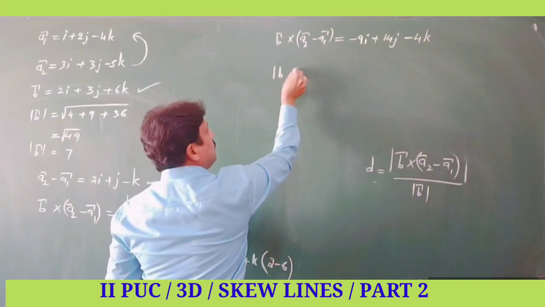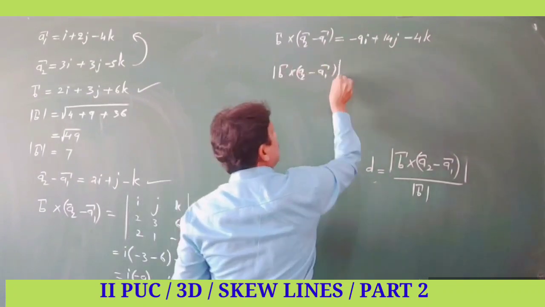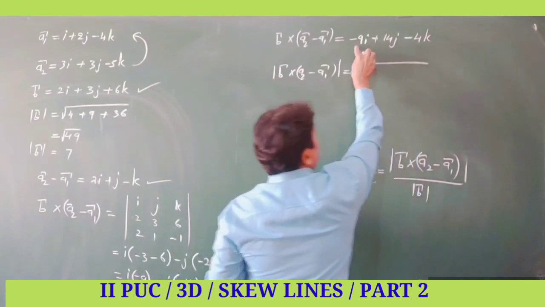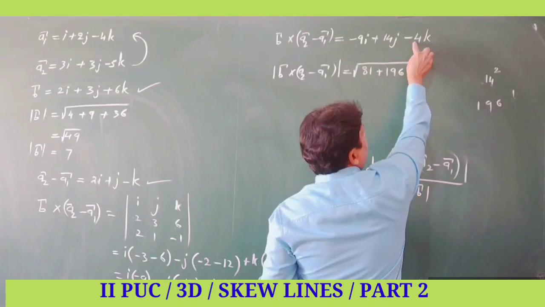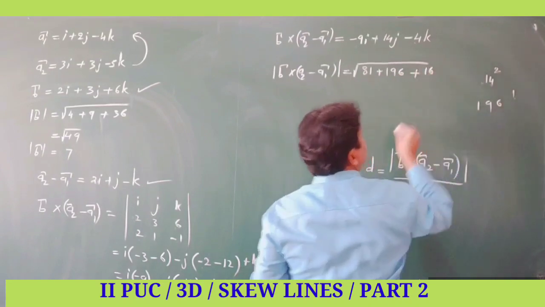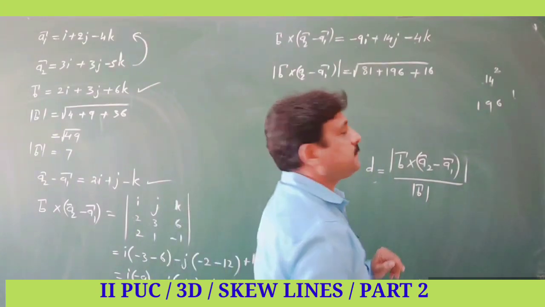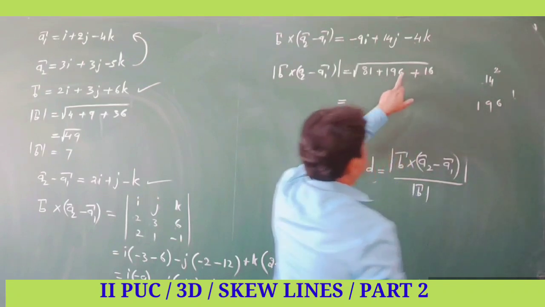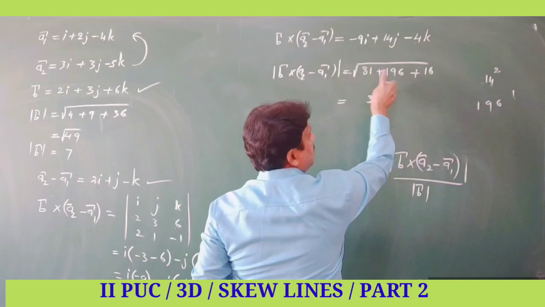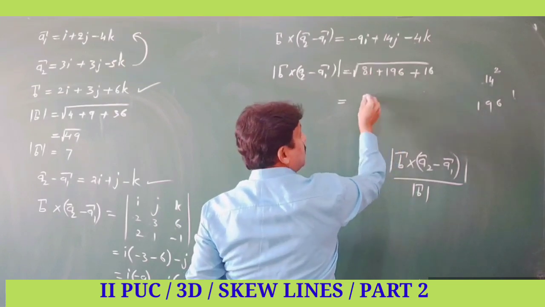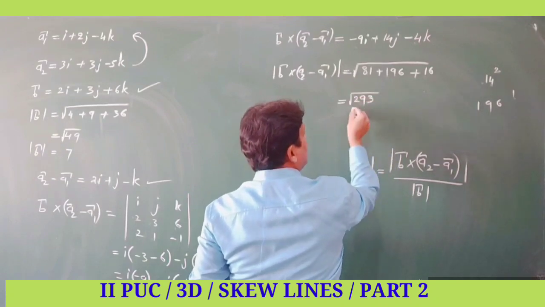Now we require the magnitude. So the magnitude of B cross A2 minus A1 equals root of minus 9 whole square 81, plus 14 square 196, plus 4 square 16. Simplify. How to add? 6 plus 6 is 12, 12 plus 1 is 13, 1 carry, 1 plus 9 is 10, 10 plus 8 is 18, plus 1 is 19, 1 carry 2, root 293.